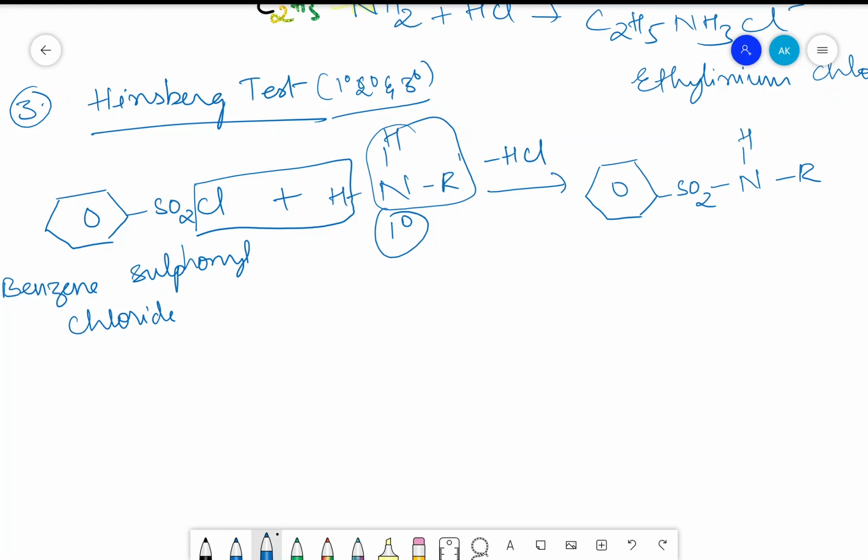Because R group is called alkyl and it is attached to N, it is called N-alkyl. This particular group is benzene. This is called sulfo, and this NH is amide group here, because of this it is called sulfonamide.